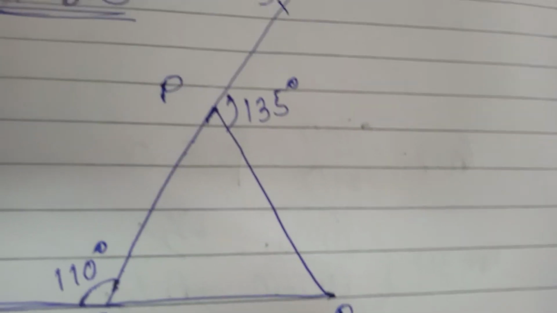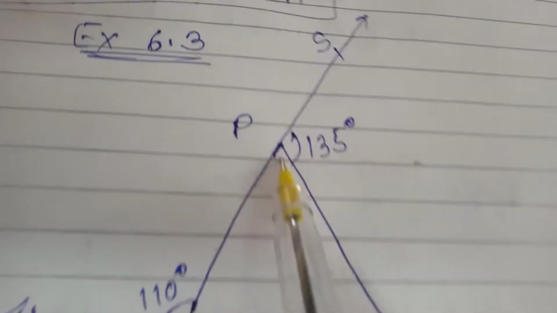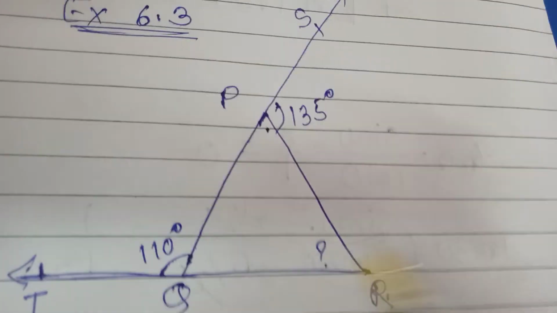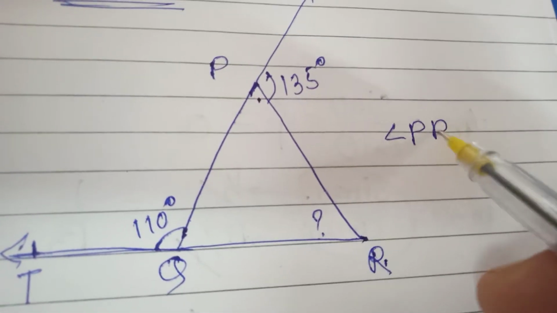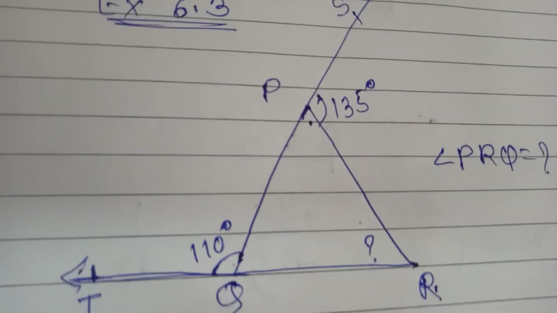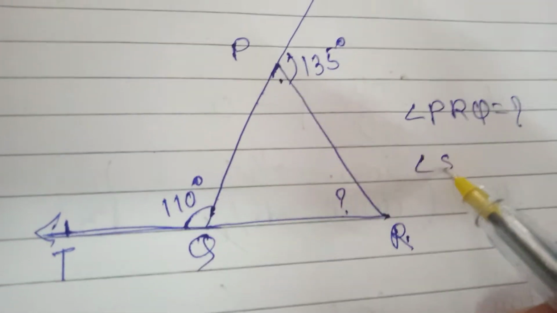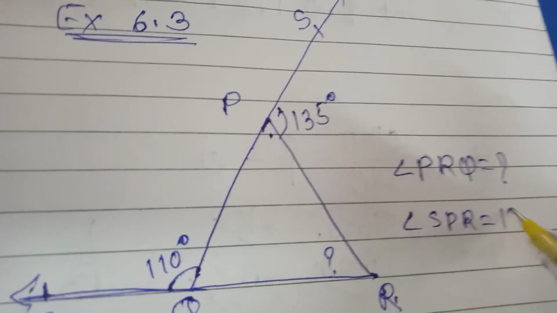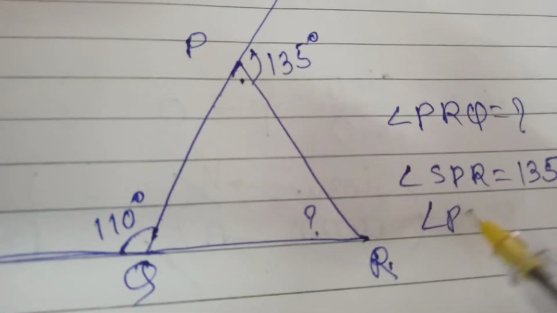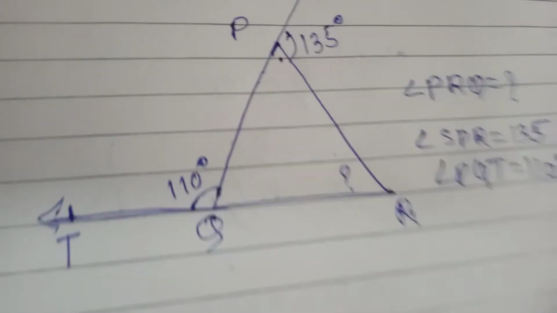So what do you have to find? We have to find angle PRQ. This is our requirement, angle PRQ. And given is angle SPR, which is 135, and angle PQT is 110 degrees.